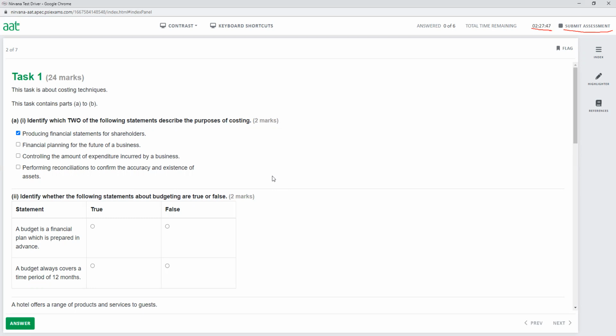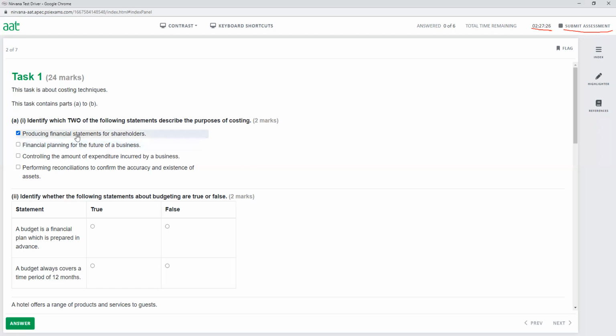So they don't prepare any report for anyone. Management only prepare all the reports for internal purposes, and all the budget is basically prepared to make themselves ready for the future. So they said, identify which two of the following statements describe the purpose of costing.